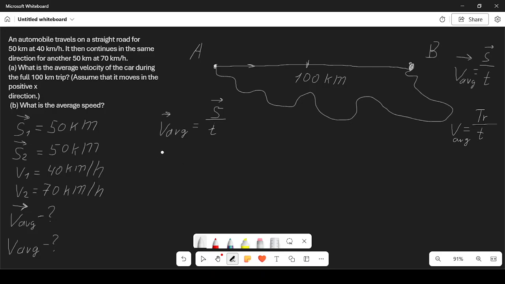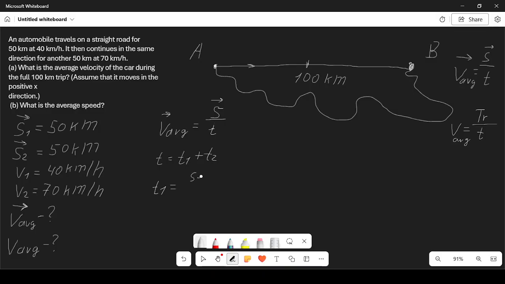Let's find it. The whole time consumed during the trip is the time during the first displacement plus the time during the second displacement. Let's find the time for the first displacement.